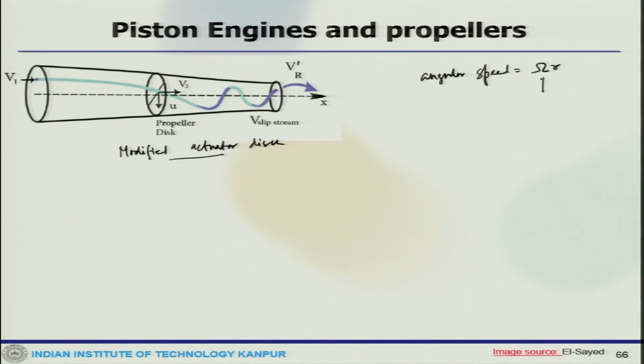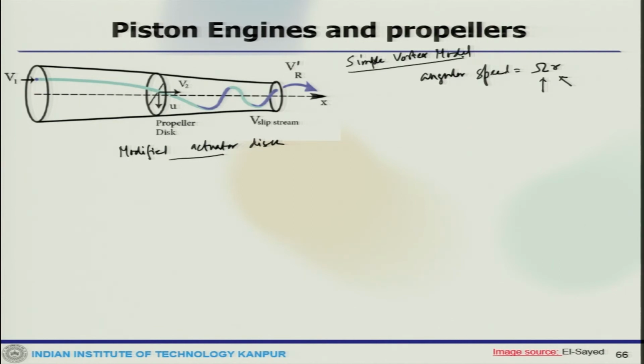So, this is the angular speed of the propeller, r is the local radius of the propeller. When fluid passes through the propeller section, it acquires an angular speed due to the swirling, because this is the so-called simple vortex model.